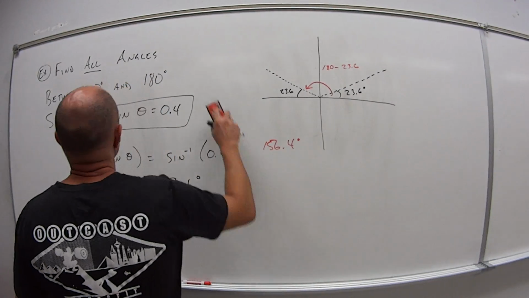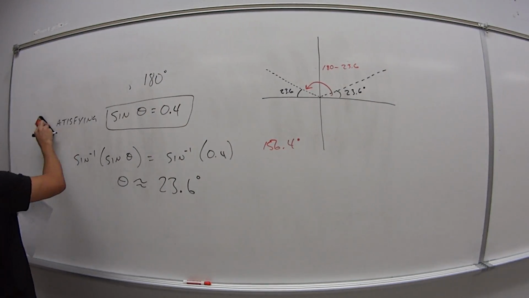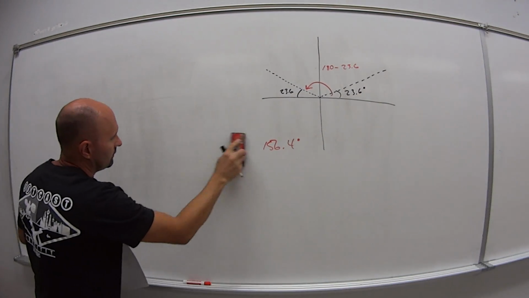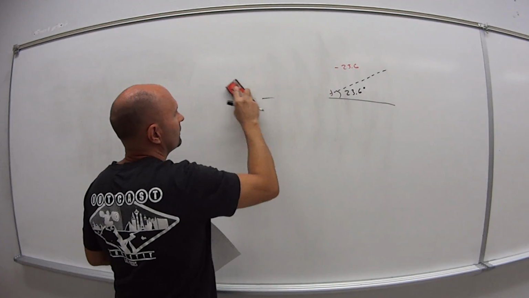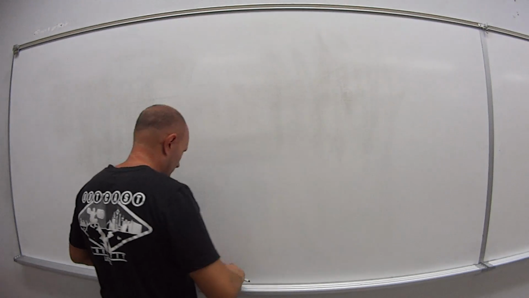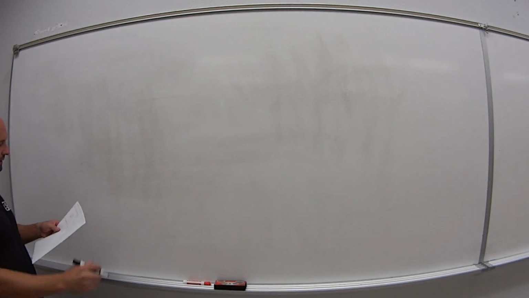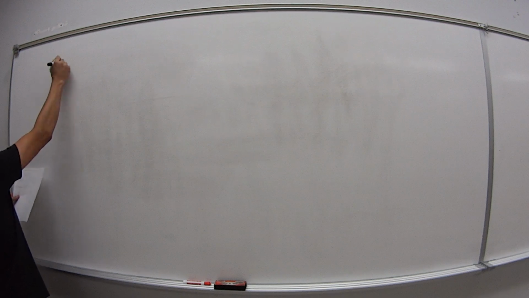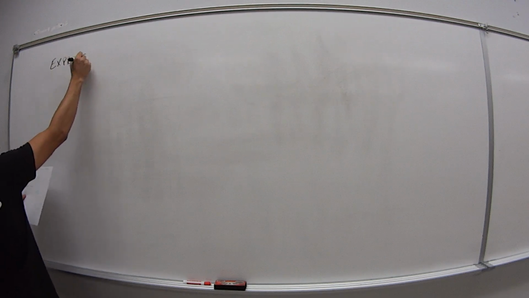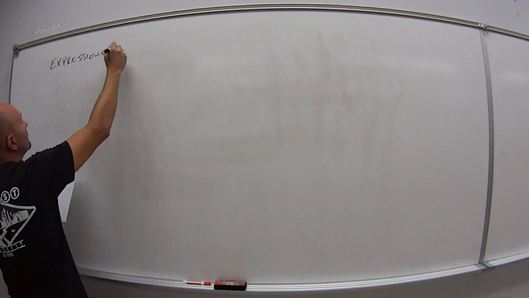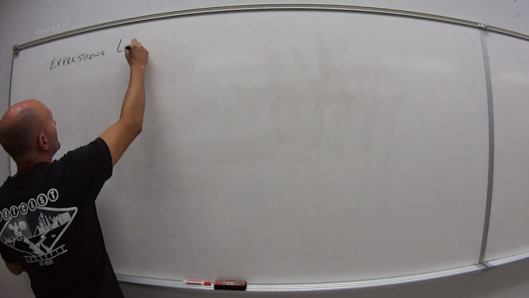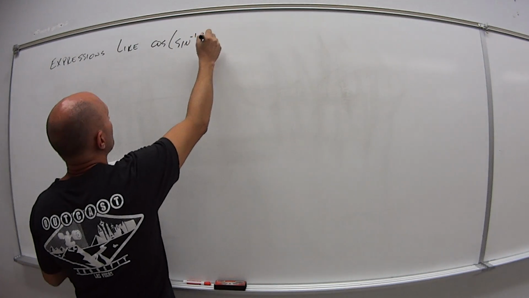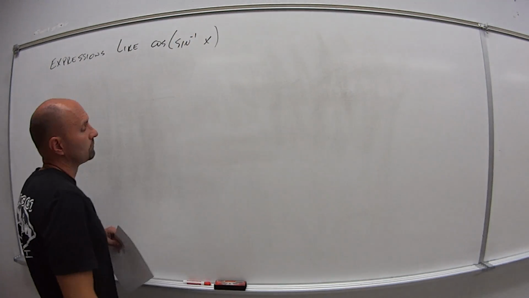Lastly then, within calculus, and to be totally honest, also within this class, we're going to be dealing a lot with functions that look like the following. We're going to have expressions like cosine of sine inverse of x.